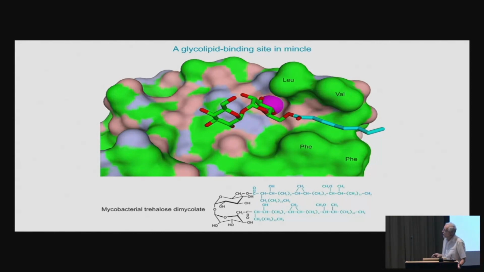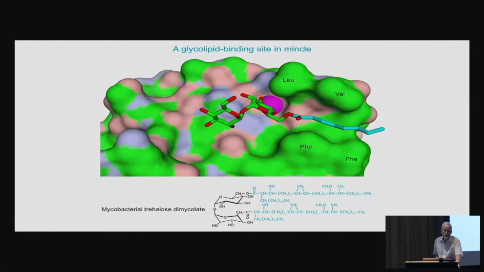Mincle is another macrophage receptor that also binds sugars like mannose, but its natural ligand seems to actually be a glucose residue, which is quite unusual in a glycoprotein. You wouldn't normally have glucose, but it does occur in certain glycolipids, in particular mycobacterial trehalose dimycolate.